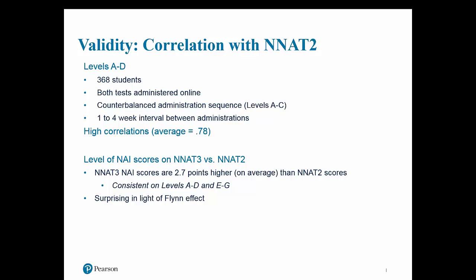The causes of the Flynn effect are not understood. There are many theories, but no real clear knowledge of what has caused it over the years. It is really difficult to attach any interpretive significance to this finding.